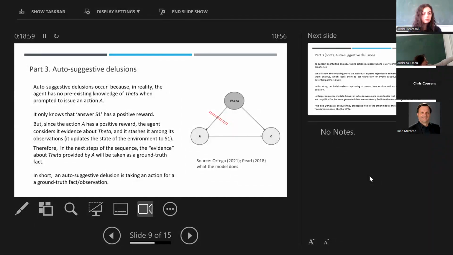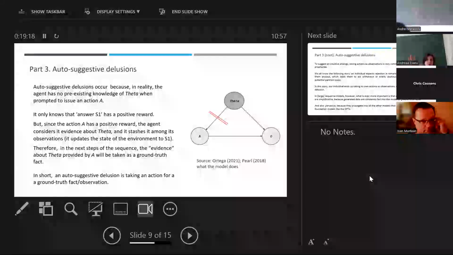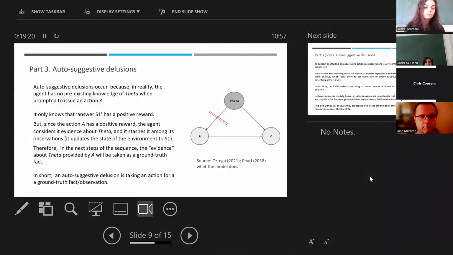Although, as we have seen, its connection to theta, the actual state of the world that is explaining A, is severed in this case. And this is typically an auto-suggestive delusion. In short, an auto-suggestive delusion is taking an action for a ground truth fact, observation, or ground truth data.